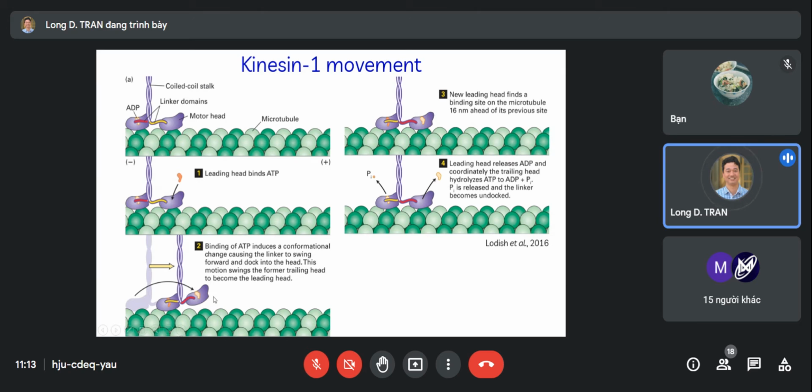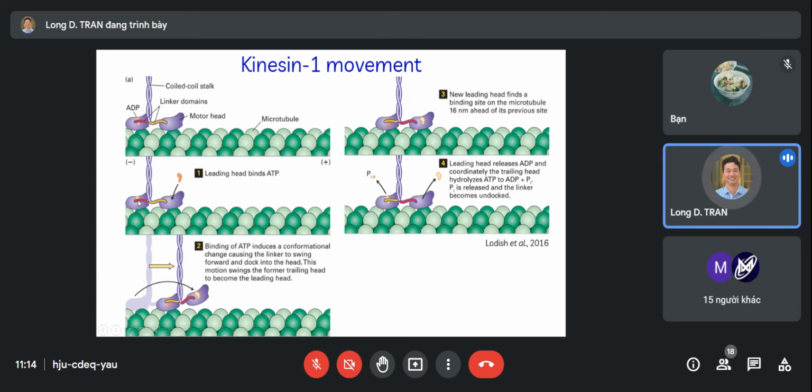And once the trailing head becomes the leading head, it replaces ADP with ATP, and then it will bind tightly to the microtubule.